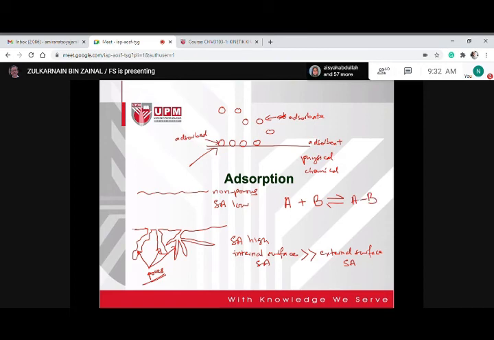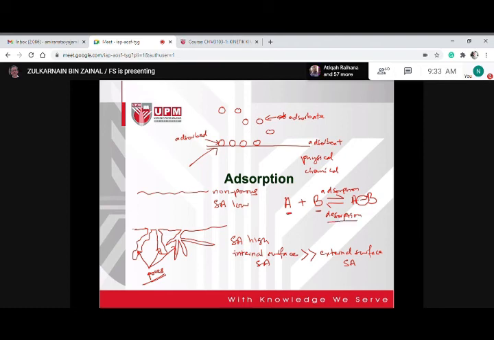So meaning that the forward reaction is adsorption, right? And the backward reaction is desorption. So what it means is that A and B, although they have already formed AB, depending on the kind of bond that forms between them, can also split back into A and B through the desorption process.